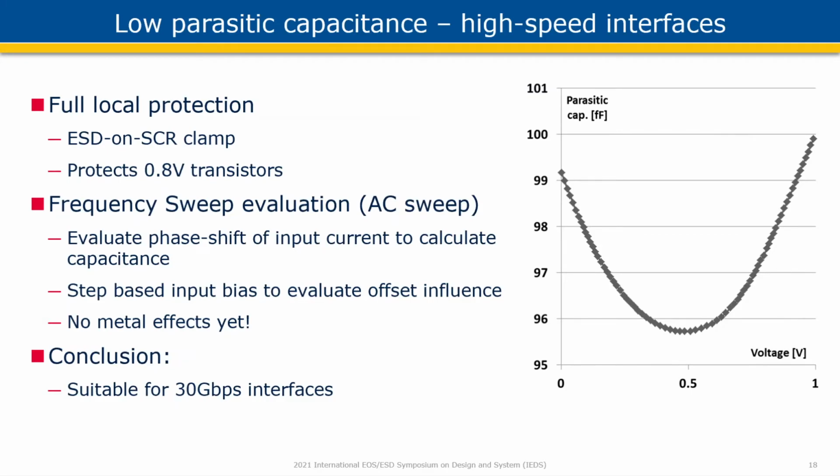The full local protection with ESD on SCR clamp protects 0.8 volt transistors. A frequency sweep evaluation is done to calculate the capacitance. Capacitive loading stays below 100 femtofarads. The conclusion is that this local clamp is suitable for 30 gigabits per second interfaces.